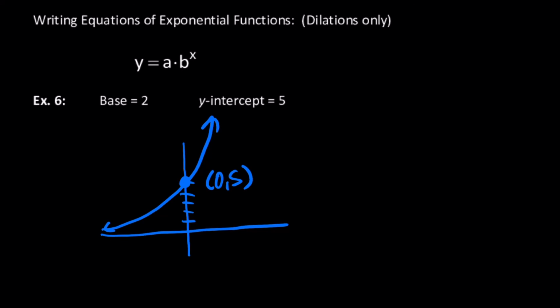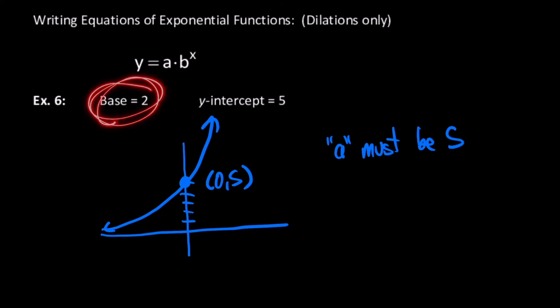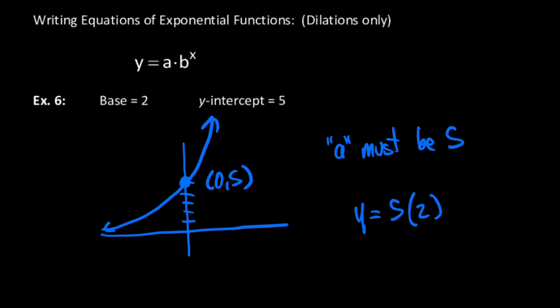Now, because one of my key points is 0, 1, that's 1 on the y-axis, any vertical stretch is just going to be this number, the y-intercept, because it's going to be 1 times what is this? Well, that's always this number. So what's nice about this is that a must be 5 in this case. If I know that my base is 2, my equation has to be then y equals 5 times 2 to the x.